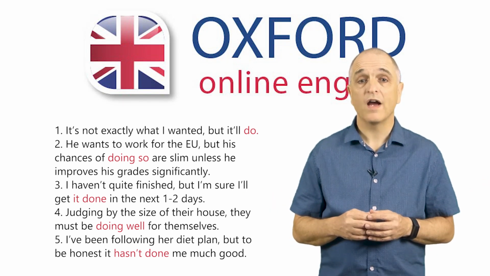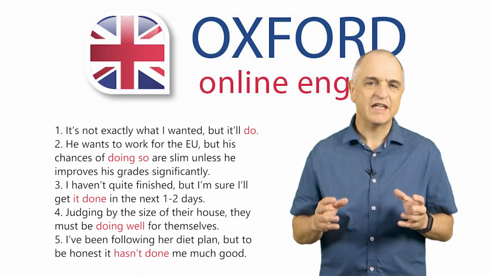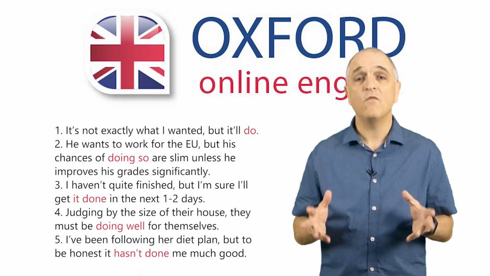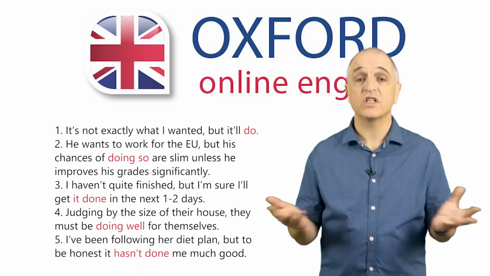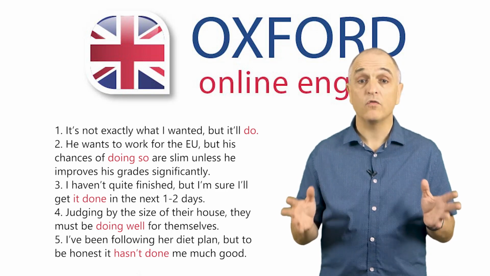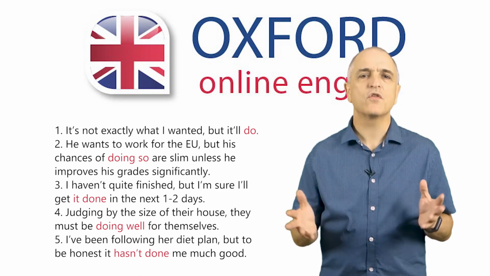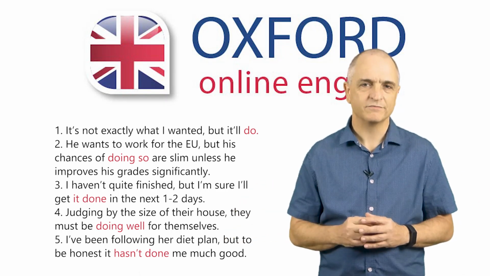3, 4, and 5 all test your vocabulary. In 3, get it done is a conversational way to say finish something. In number 4, doing well for themselves means that they're making a lot of money, so they have a comfortable lifestyle.